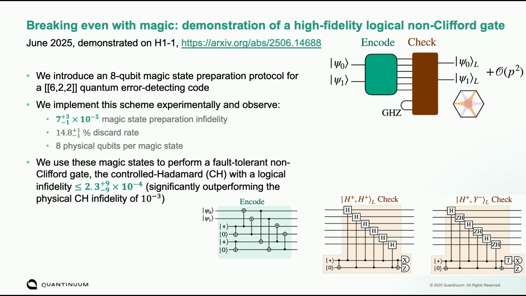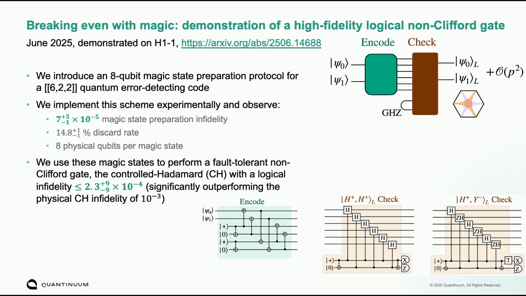And we were actually able to then use one of these magic states to perform a fault-tolerant non-Clifford gate, the controlled Hadamard gate, and got a logical fidelity of 2.3 × 10⁻⁴, which is about 4 times better than our physical error rate. And so that in itself is a really exciting result.